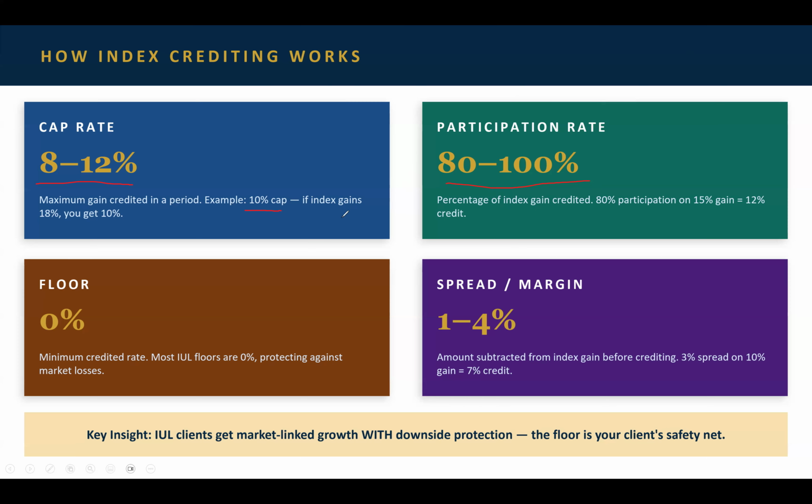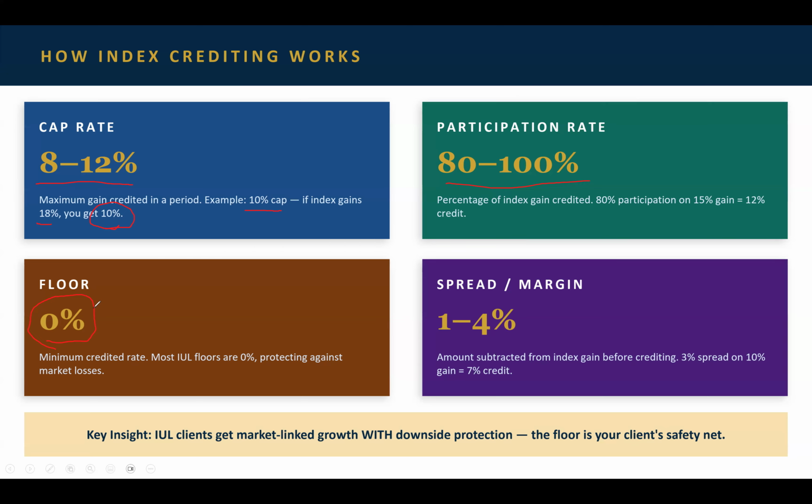If the index gains 20%, I get a total credit of 10%. Some people will say that's ridiculous, I should get the full 20%. But again, if they get a negative 20%, they get a zero. So you participate in some of the upside while also protecting the downside.